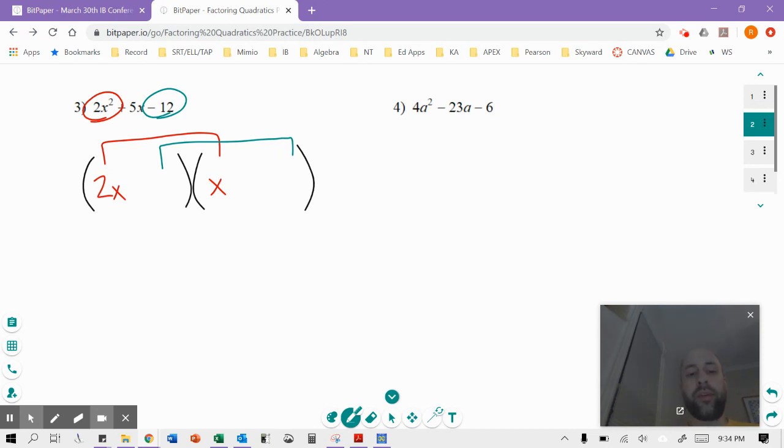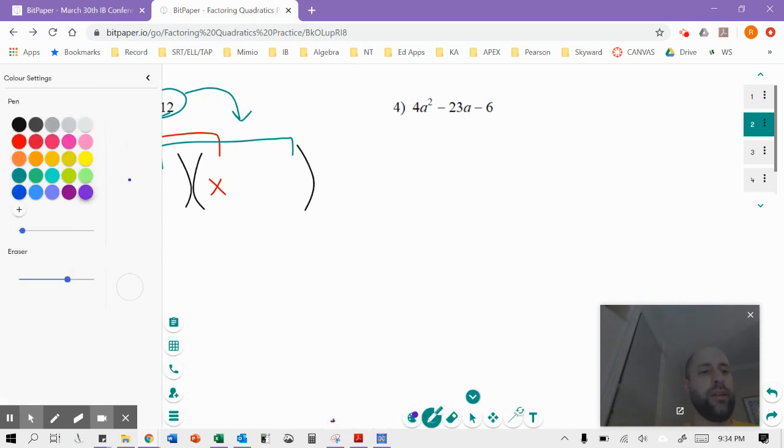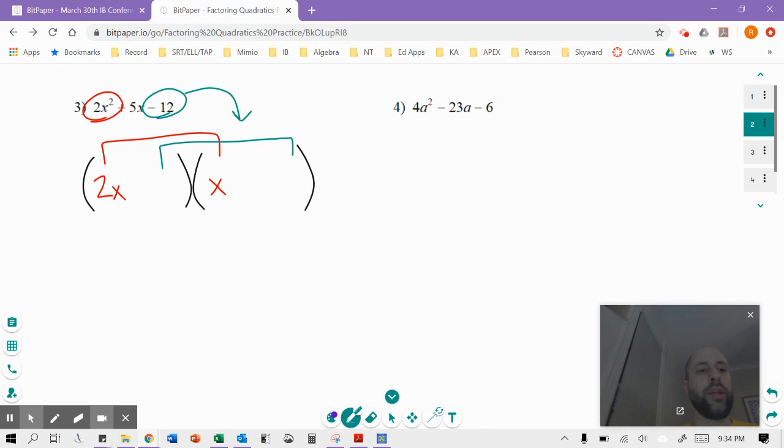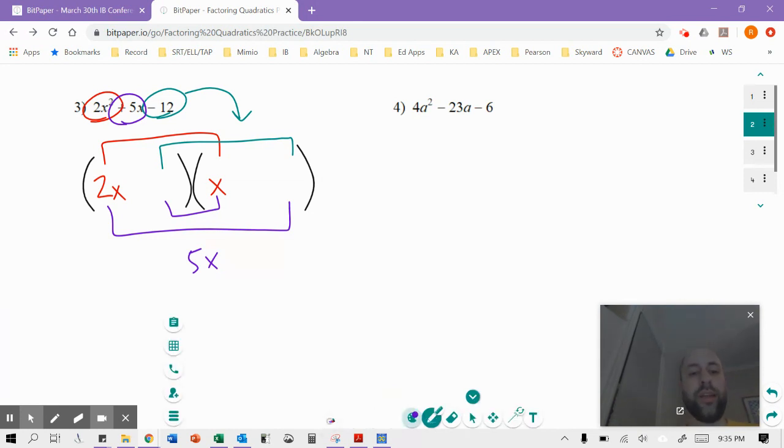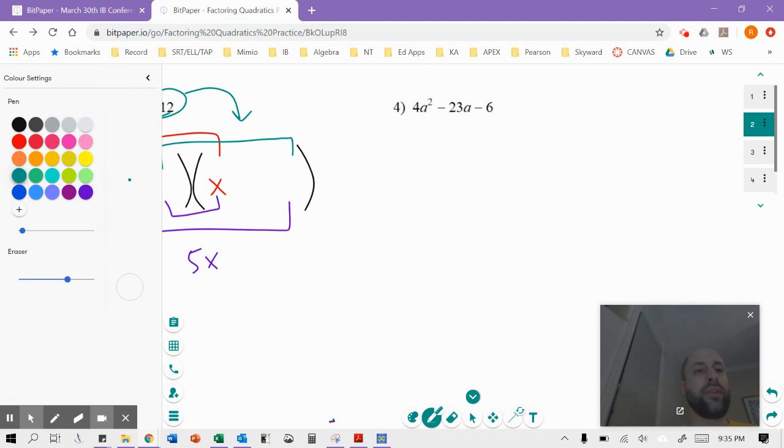And then what we have to check is once we guess, we have to check that middle term, and that's the calculation where we have to check these two things multiplied together and then added have to add up to 5x. Okay, so the 2x and the x are pretty much set. It's the negative 12 piece that I have to deal with here.